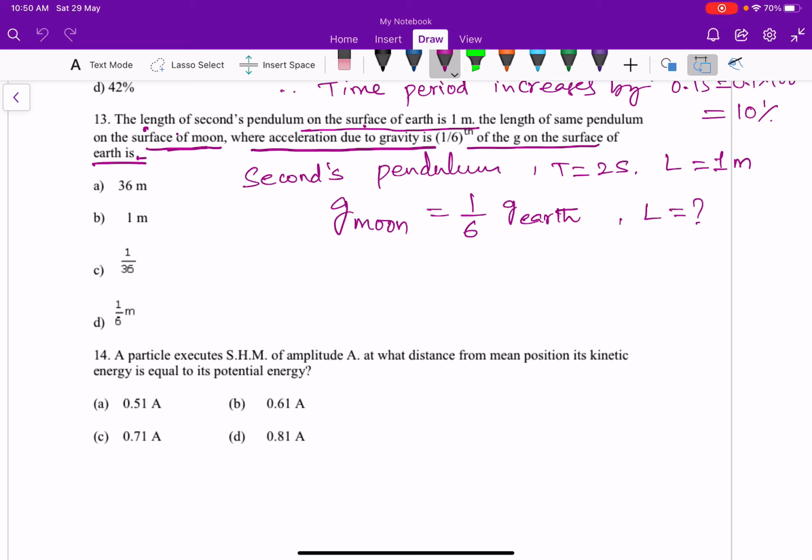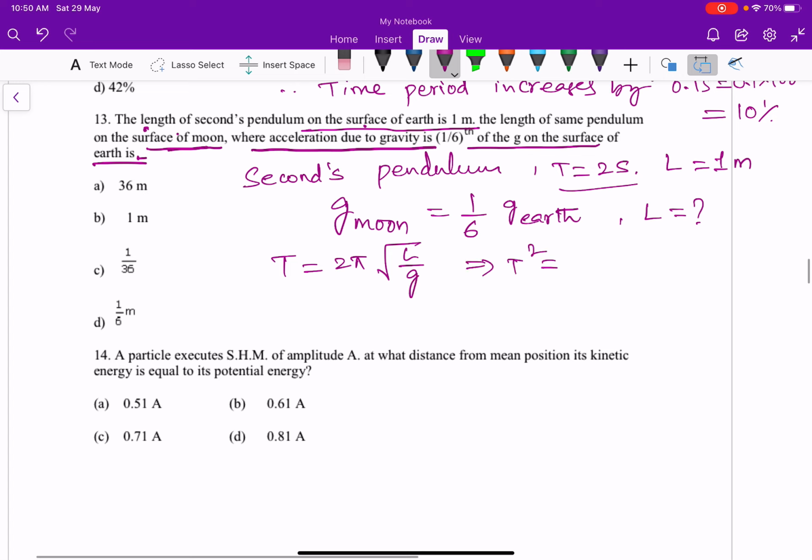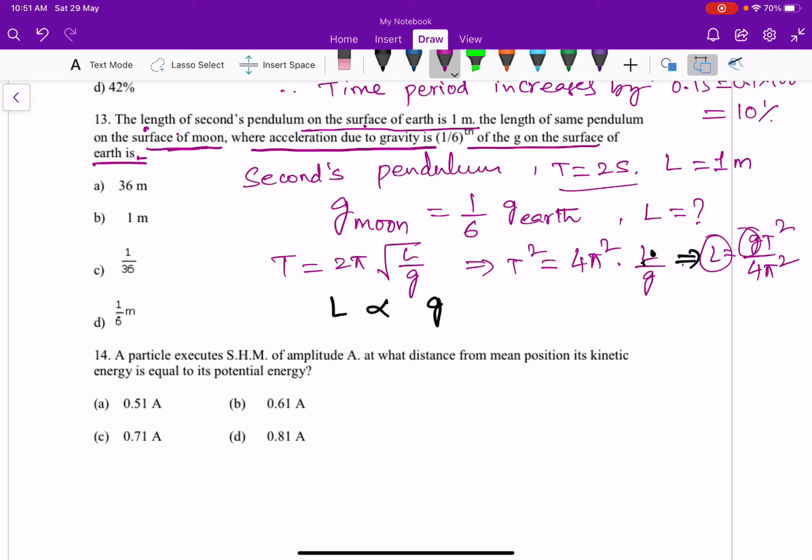See here, we know time period is the same for a seconds pendulum. So time period T equal to 2 pi under root of L by g, and T square is equal to 4 pi square L by g. That means L is equal to g T square by 4 pi square, so L is directly proportional to g.